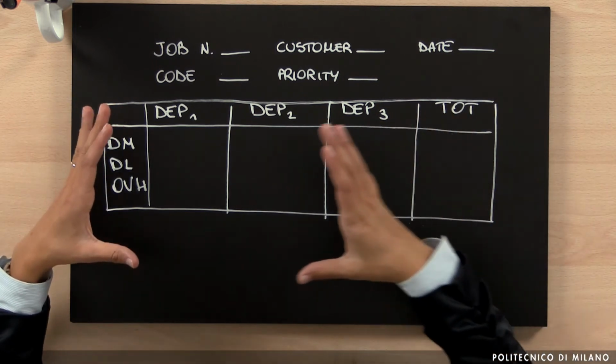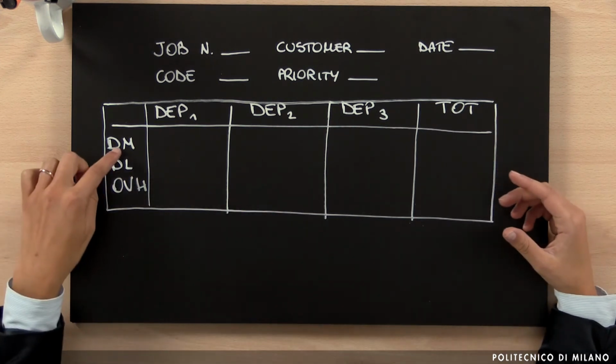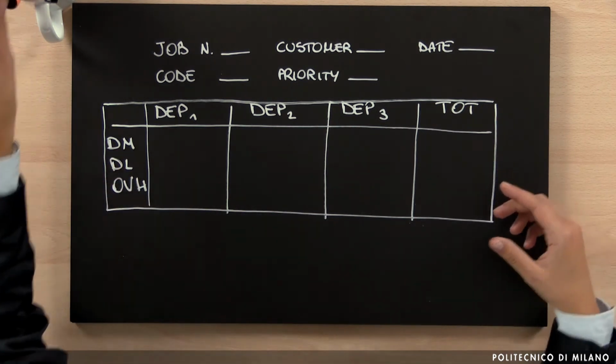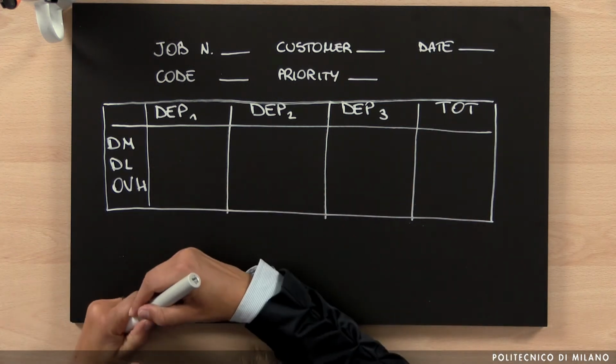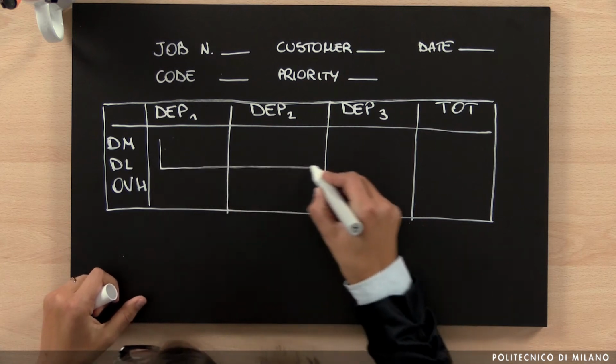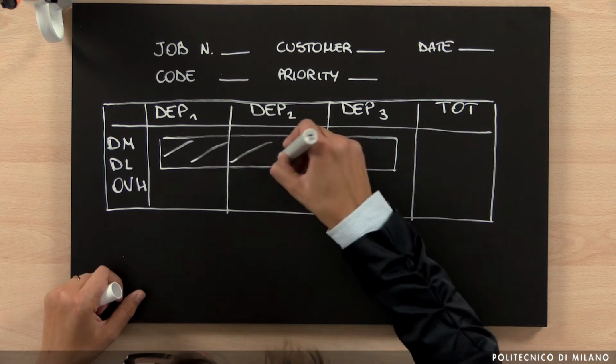Then we have detailed information about the resources which are absorbed. We will have direct material and direct labor, and as I said, they are not a problem because we can identify exactly the quantity of direct material and direct labor. So they are traced immediately.